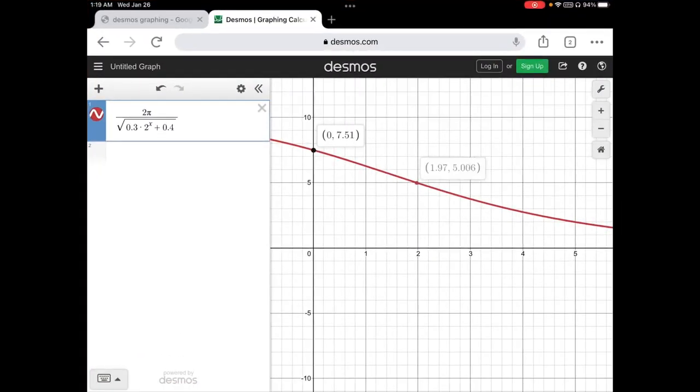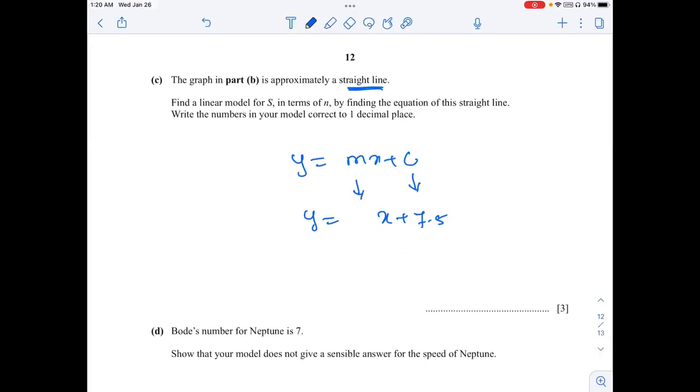Let us take 2 points: (2, 4.967) and (3, 3.755).